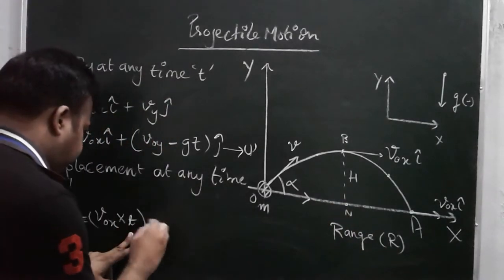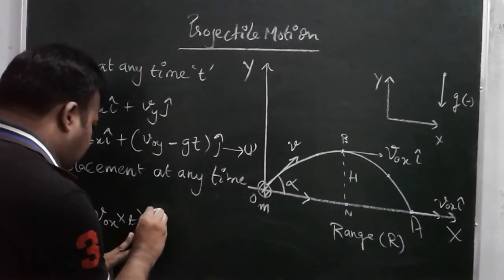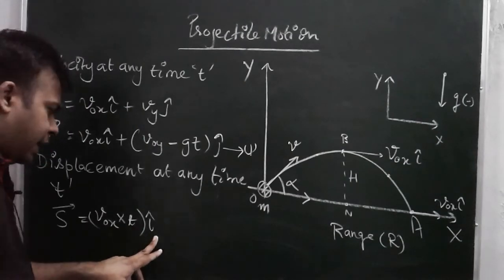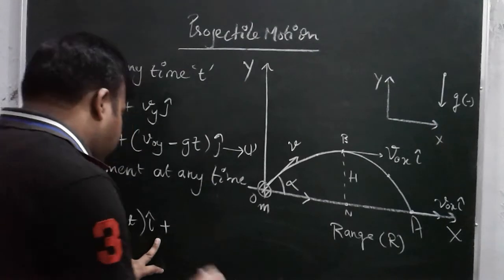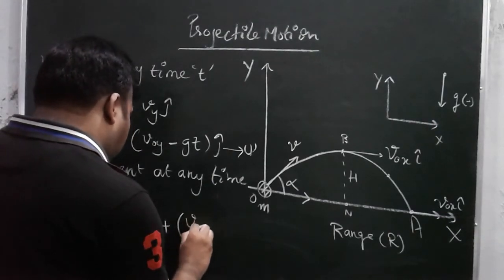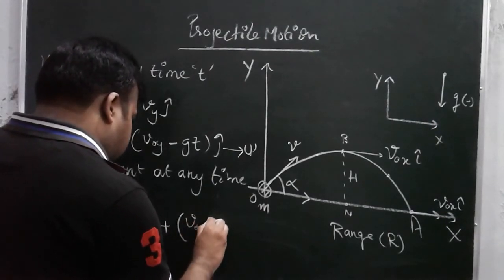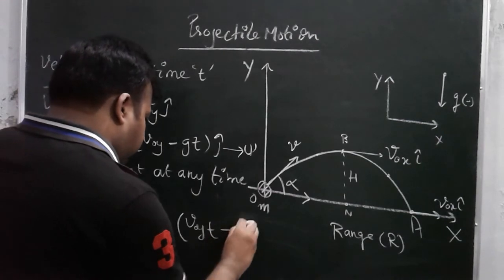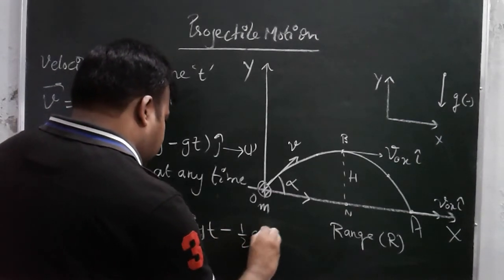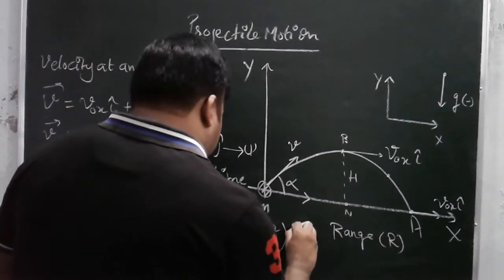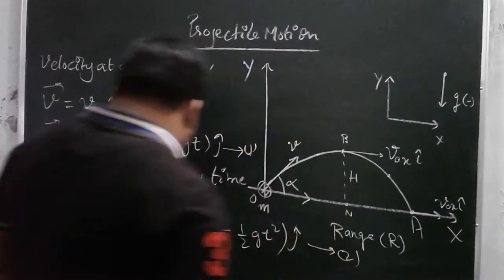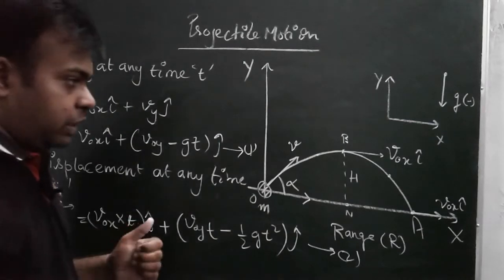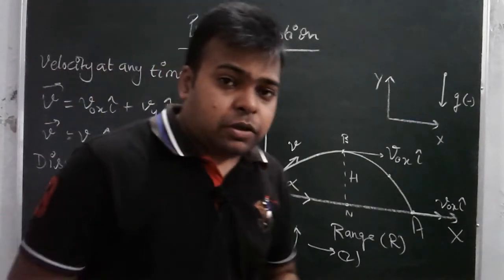It will be in the direction of unit vector i cap, plus the displacement in the y direction, which I will write as Voy t minus 1 by 2 g t square, j cap. So this is the second formula, for the displacement vector at any time t.